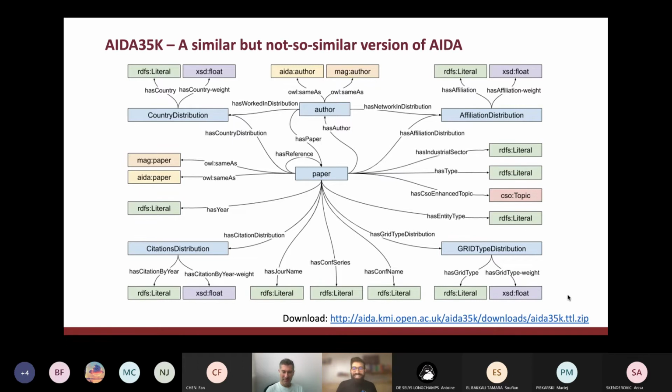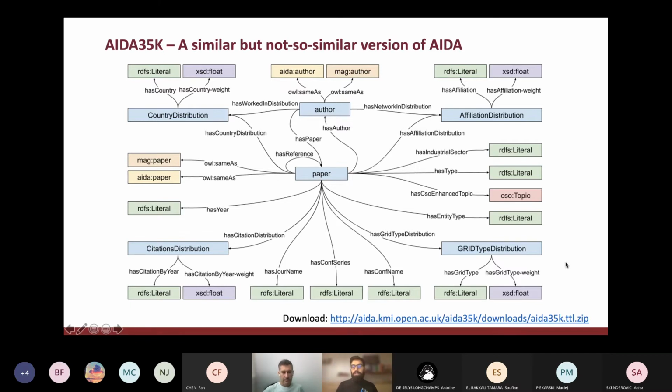The dataset can be downloaded from this URL, but don't worry, you will receive all the material, so you don't have to quickly type it now before you lose the page and the URL to download the dataset. Just look at this schema here.